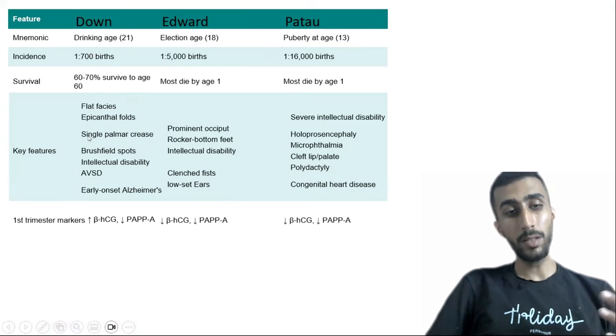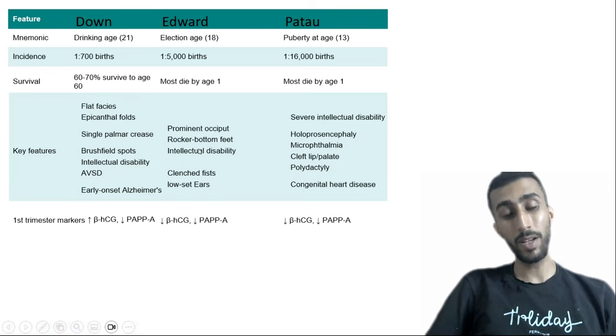If you look at their palms, they will have a single palmar crease and Brushfield spots in their eyes. Of course, they will have intellectual disability, and they have cardiac defects, atrioventricular septal defect, and early onset Alzheimer's. So at the level of their brains, they will have intellectual disability and early onset Alzheimer's, and other features to recognize them, such as flat face, epicanthal fold, single palmar crease.